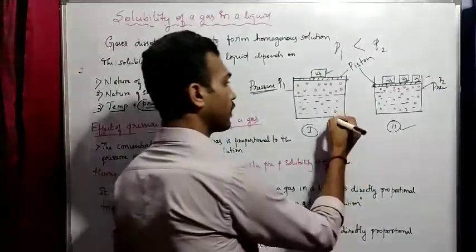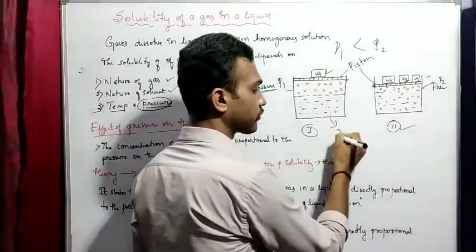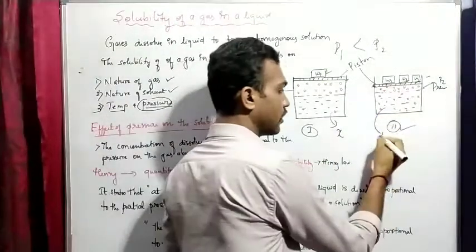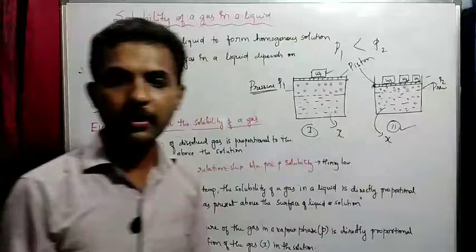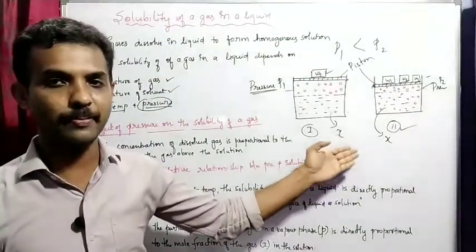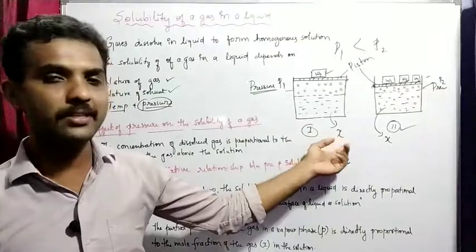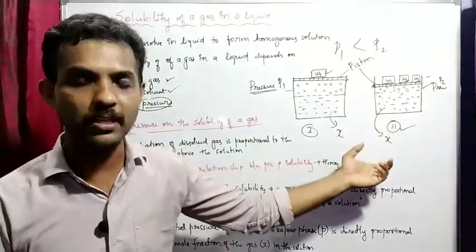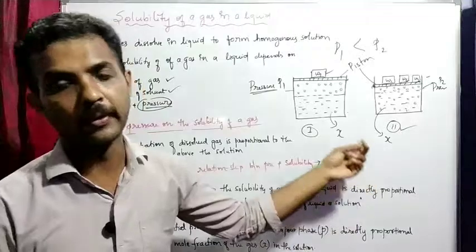Hence you can say this is the mole fraction, chi or else x. So here also you can say the mole fraction, how many particles are present, how many gaseous particles are dissolved, right? Here you can say x, here also x, x of this system, x of that system, or else chi.